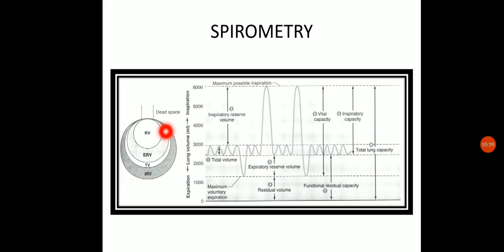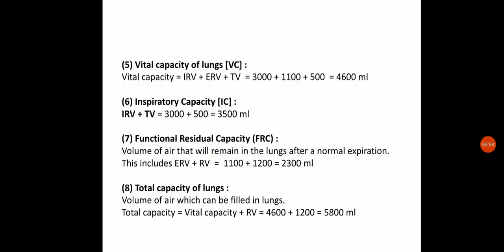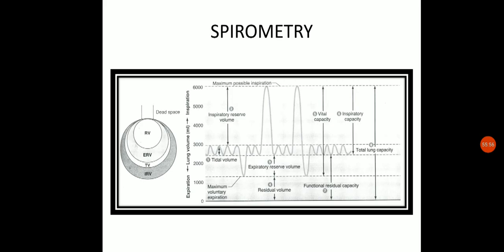Okay, so altogether, except this dead space, is called the total lung capacity. And inspiratory capacity we have seen, vital capacity we have seen. So these are the different types of volumes present in the lungs. It's called spirometry.